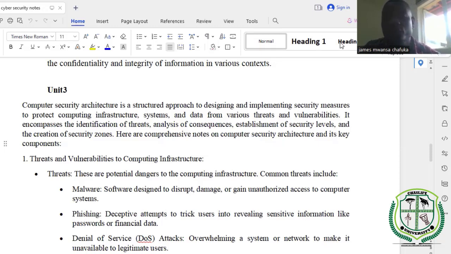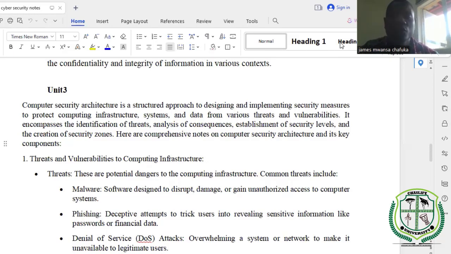When you talk of computer security architecture, it is a structured approach to designing and implementing security measures to protect computing infrastructure, systems, and data from various threats and vulnerabilities. It encompasses the identification of threats, analysis of consequences, establishment of security levels, and the creation of security zones.